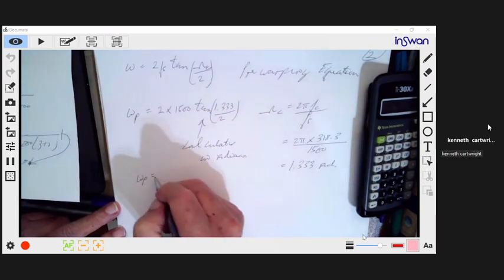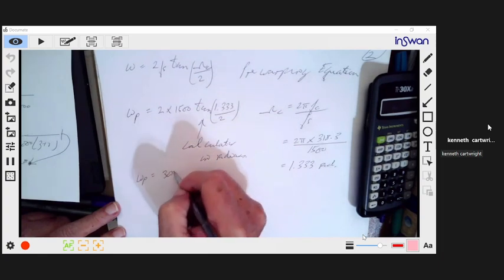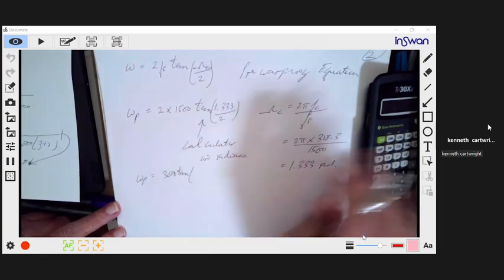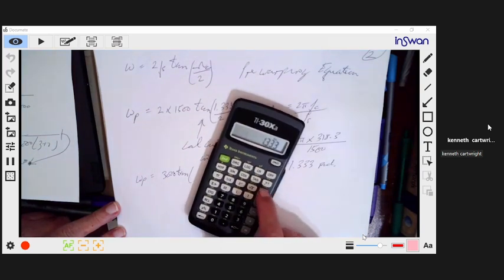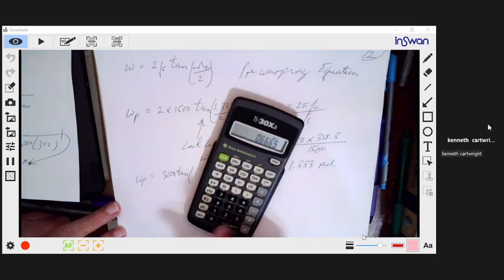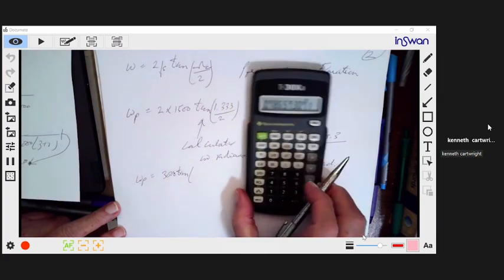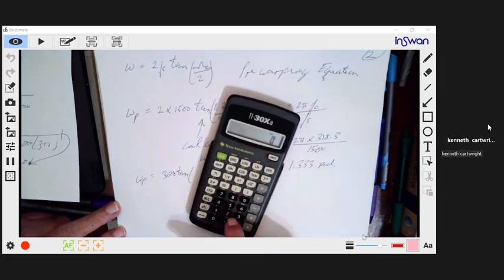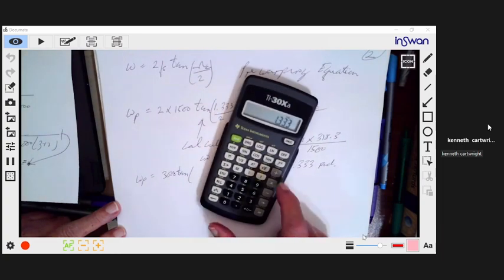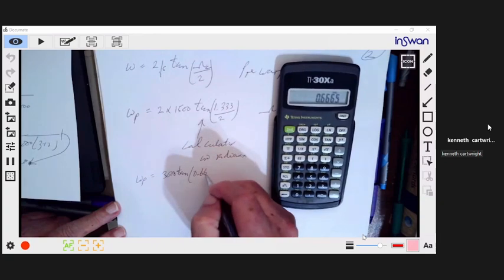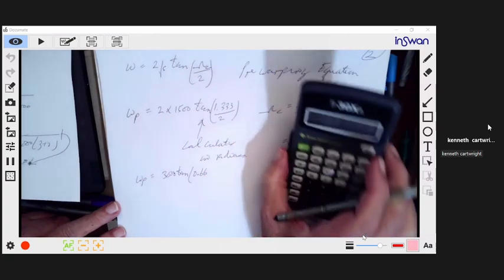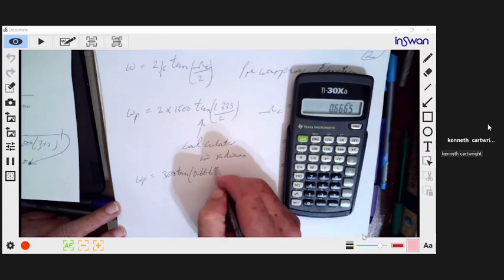So omega p becomes 3000 tan of 1.333 divided by 2, which is 0.6665.